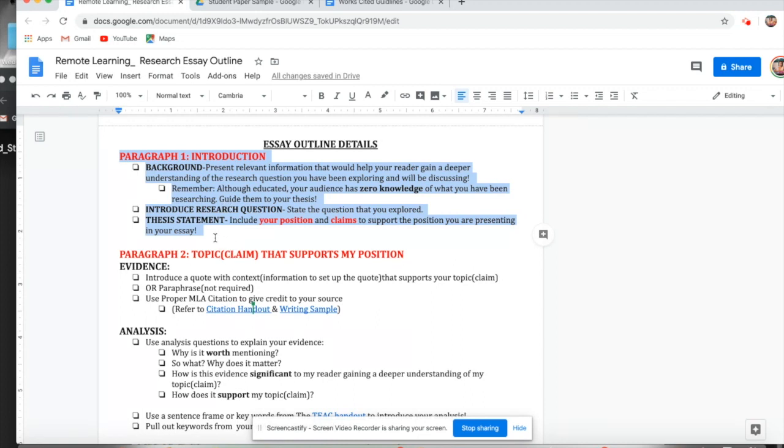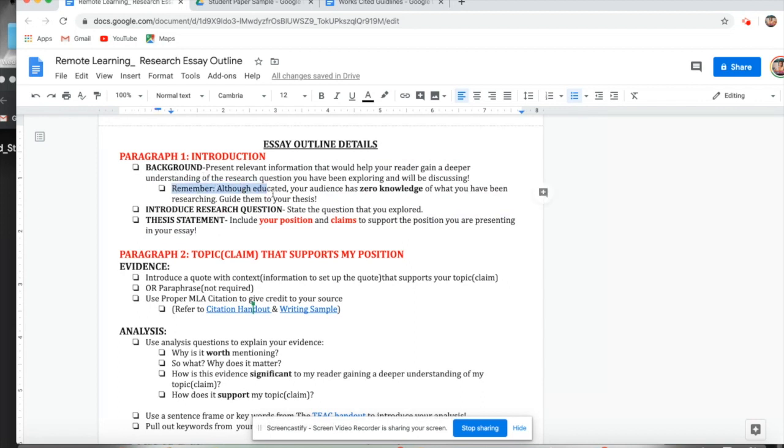If you need to look at that, use it. If you're like, nope, I'm good with the introduction, Miss Saldana, I looked at the sample, I can do this without any additional support, then go ahead. You're good. So this introduction, it's the same structure, right? You give some background information.